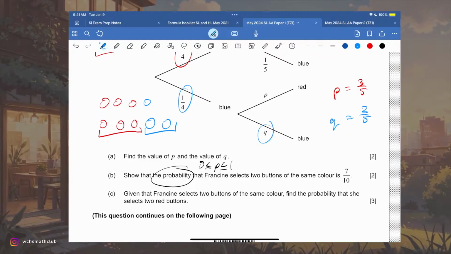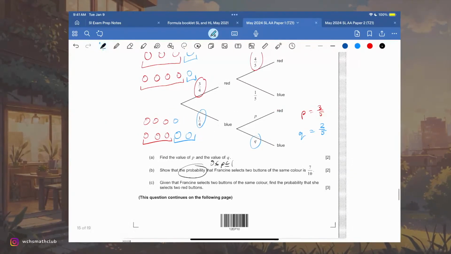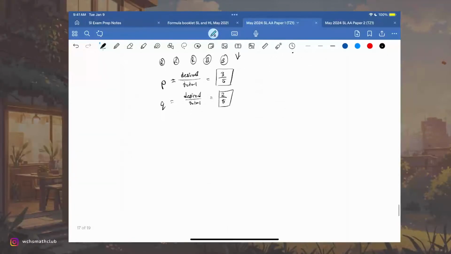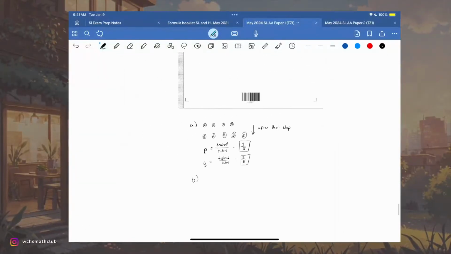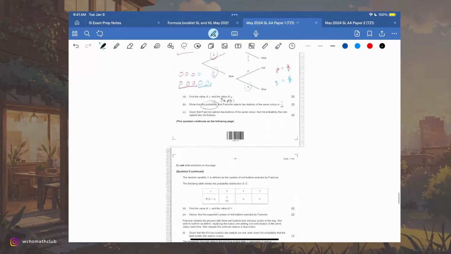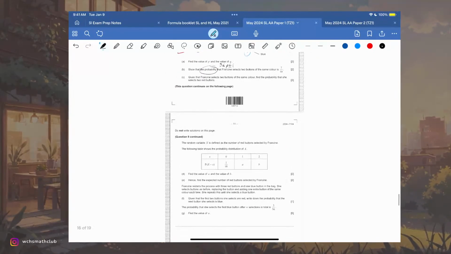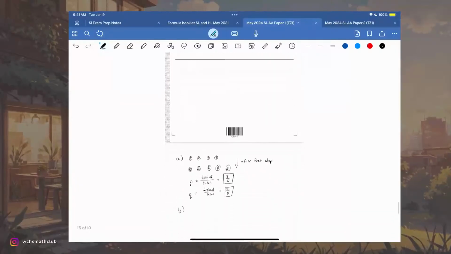Now we're going to apply this math down in our response section. We're going to create a new part, which is B. The question asks us for the probability that Francine selects 2 buttons of the same color.